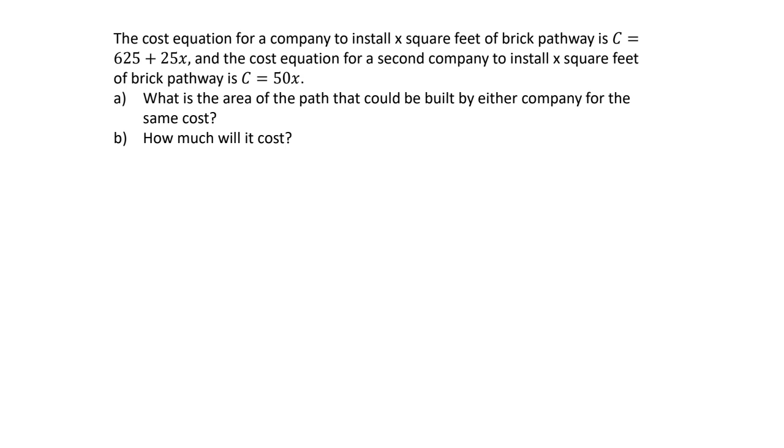And the cost equation for a second company to install X square feet of brick pathway is cost is equal to $50 per square foot. Now, they are asking you here, what is the area of the path that could be built by either company for the same cost?